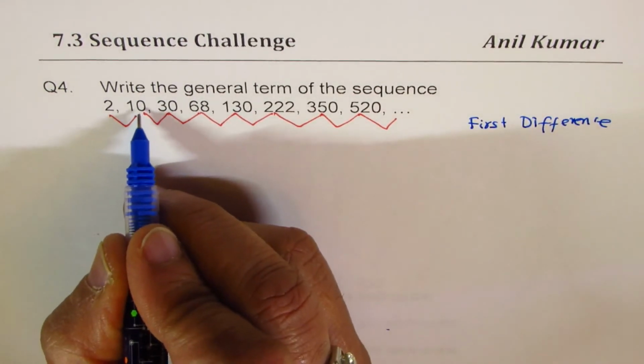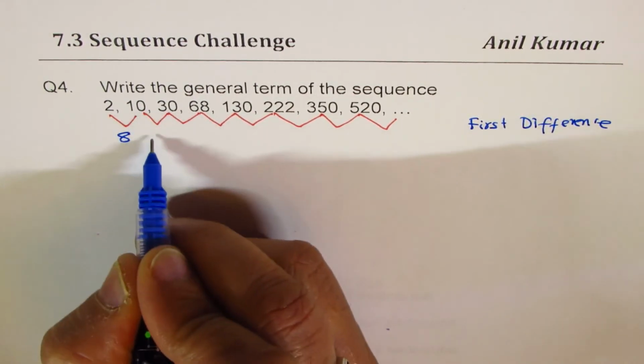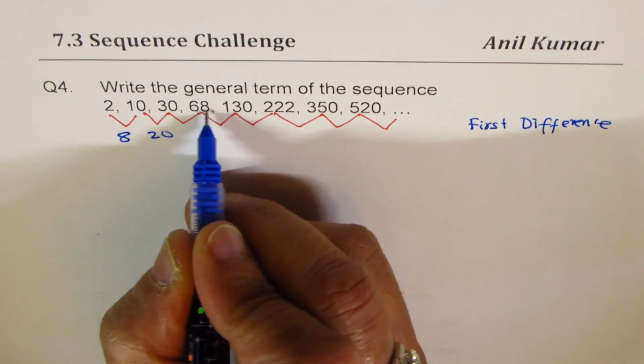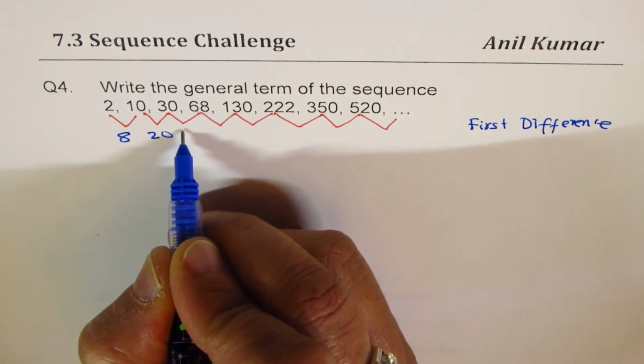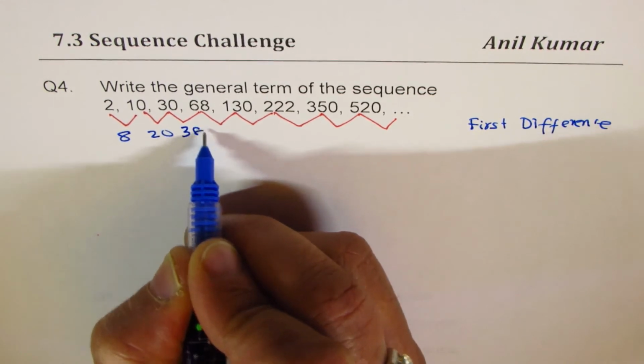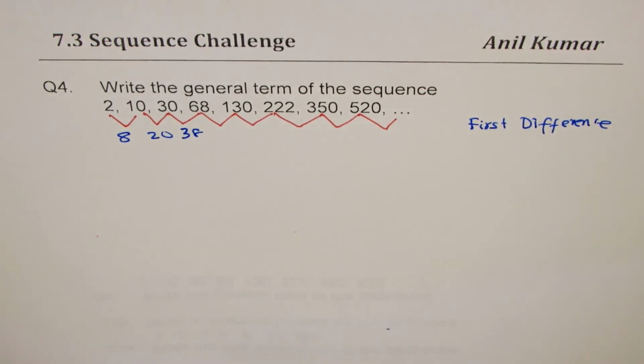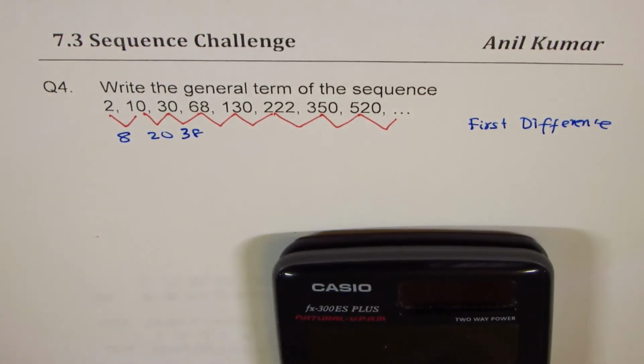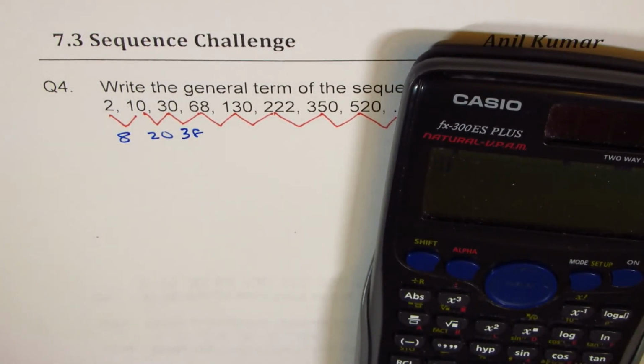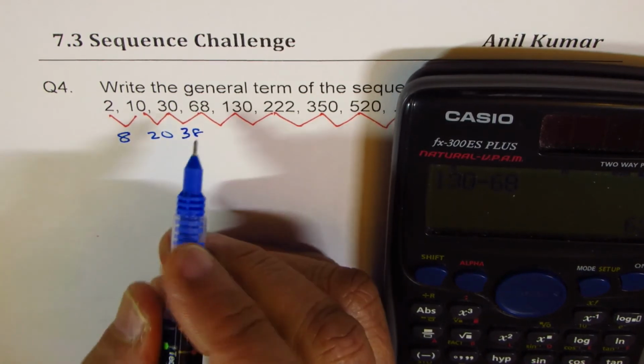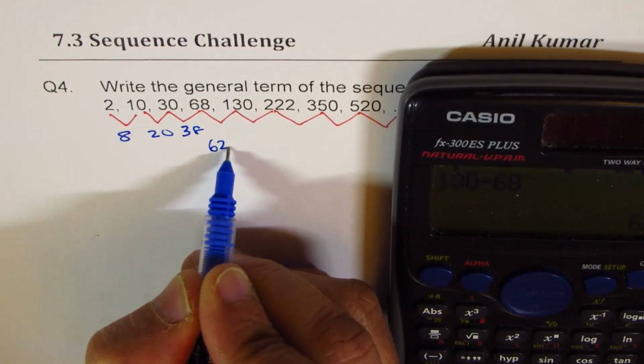So the first difference is 10 minus 2, which is 8, 30 minus 10, which is 20, 68 minus 30, which is 38, right? So I should have written them further away. Anyway, now let's use the calculator. 130 minus 68 equals 62.